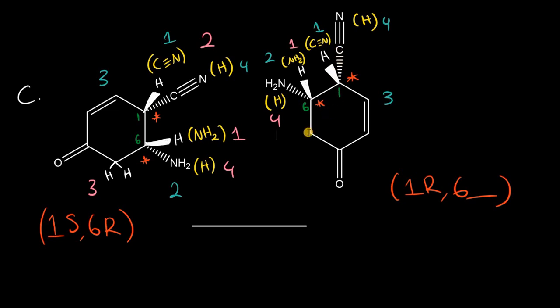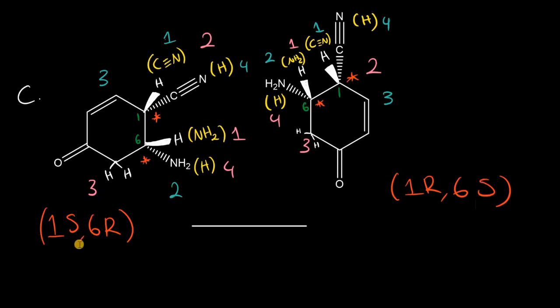Again, it's a secondary carbon versus a tertiary carbon. So this group here takes third priority, whereas this one takes second. Then we just draw an arrow from 1 to 2 to 3. We're going in a clockwise motion, but because of the switch again, it really is S at carbon 6.